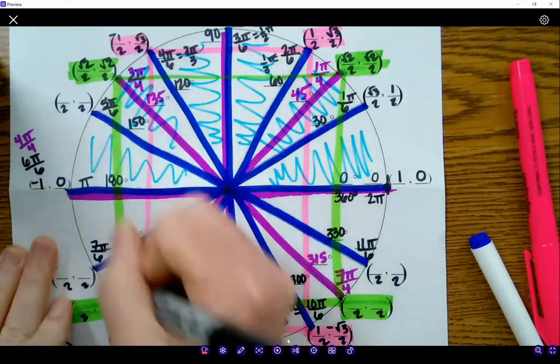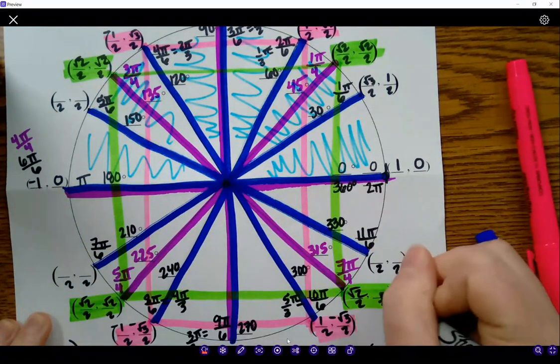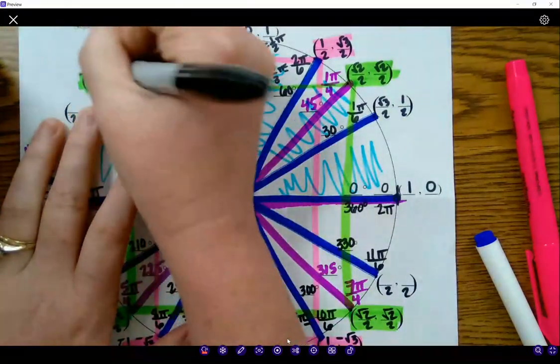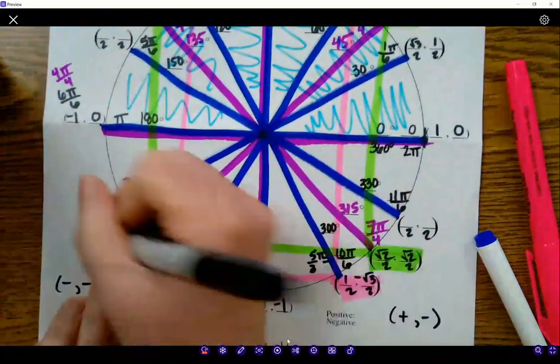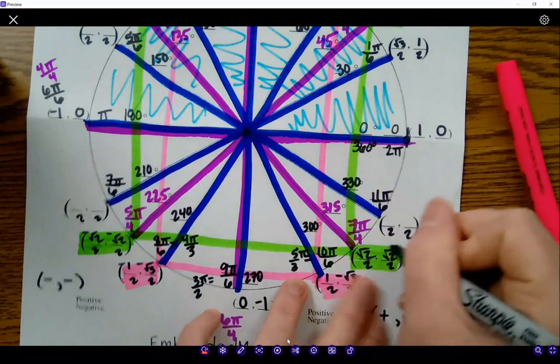The only thing that's going to change is whether or not they are positive or negative, depending upon what quadrant we are in. Okay, remember in quadrant 2, our x value is negative, our y value is positive. In quadrant 3, both our x and y values are negative. In quadrant 4, our x value is positive, but our y value is negative.